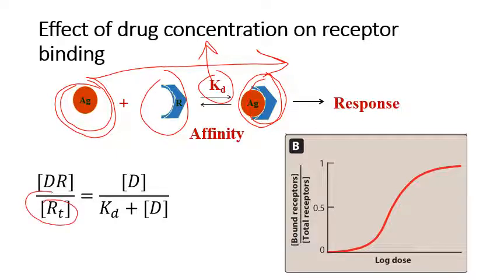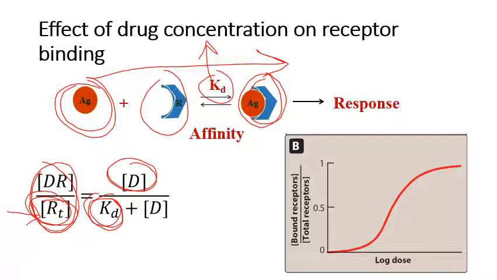So RT is the total number of receptors whether they are bound or unbound, and D is the concentration of free drug that is not bound to a receptor, and KD, as we said before, is the equilibrium dissociation constant. So as the equilibrium dissociation constant increases, the affinity or the number of drug receptor complexes will decrease, assuming that the number of total receptors is constant.